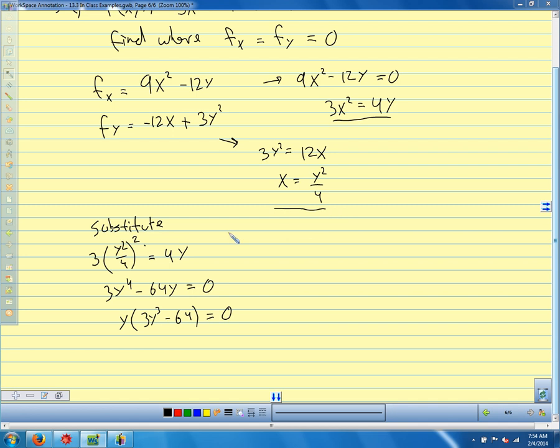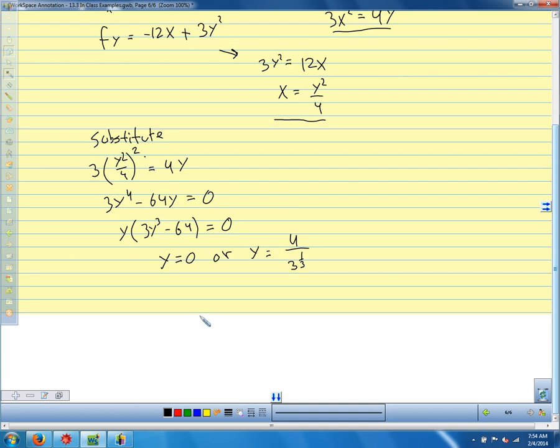So y equals 0, or y equals 4 over 3 to the 1/3. And then I substitute back in here to find x. That tells me that when y equals 0, x equals 0.